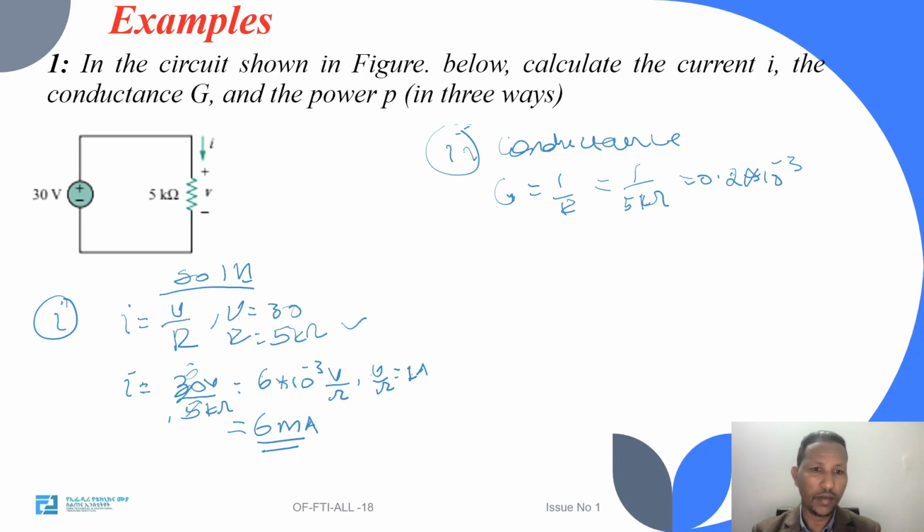The unit is 1 over ohm, or Siemens, so it is 0.2 millisiemens.